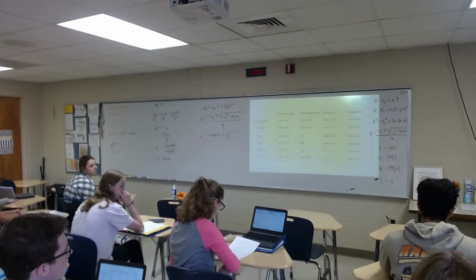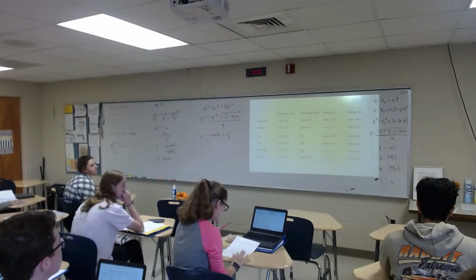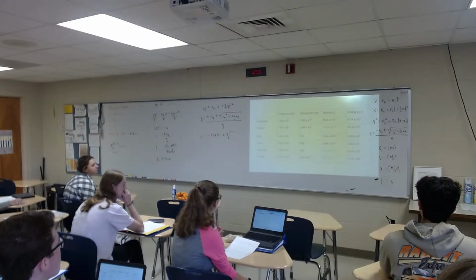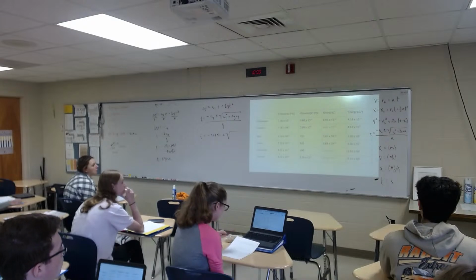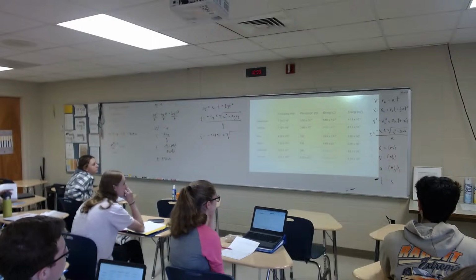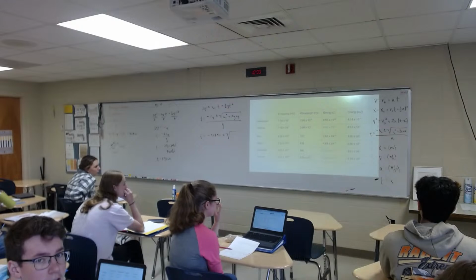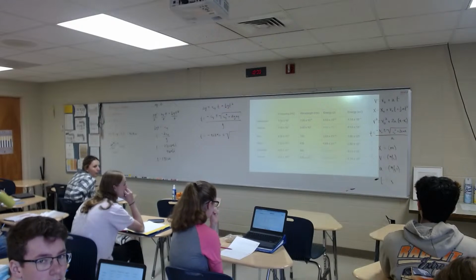I had a question about last column number 5. The ultraviolet one? Yes. Why are the two above it to the 0 and then the ultraviolet one is to the first? That's just me being overly scientific.